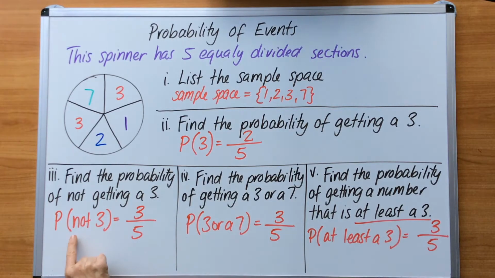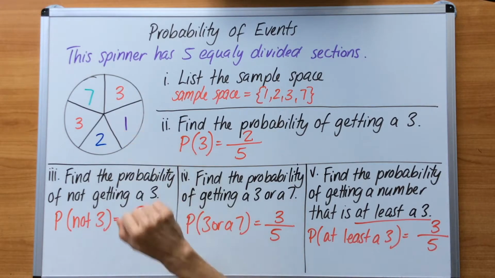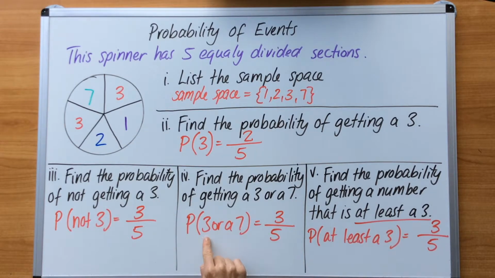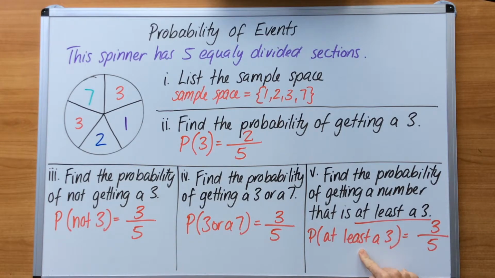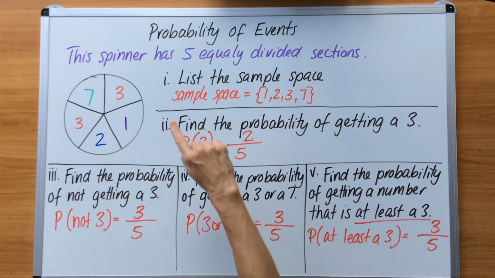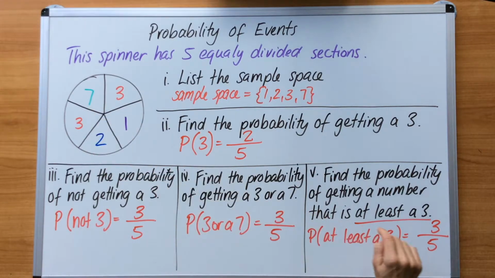So in this one here, not a 3, there are 3 numbers that are not a number 3. In this case here, getting a 3 or a 7, there are 3 numbers that are a 3 or a 7. And over here, at least a 3 means numbers 3 and above. 1, 2, 3. There are 3 of them, which is why we have number 3 on top.